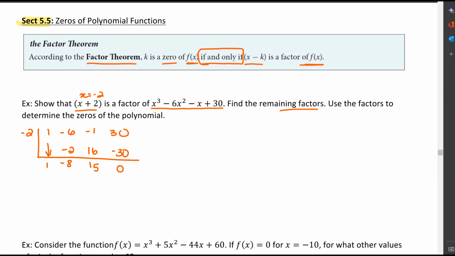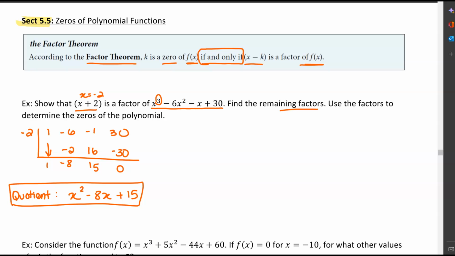So then we're left with our quotient. Remember, we were in x cubed, so now we're x squared minus 8x plus 15. Okay, so here's the quotient.